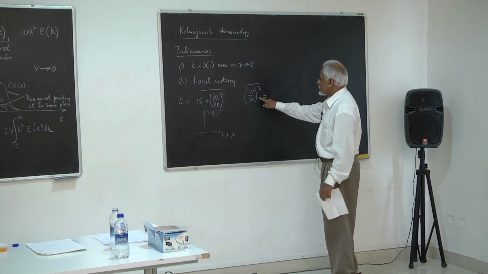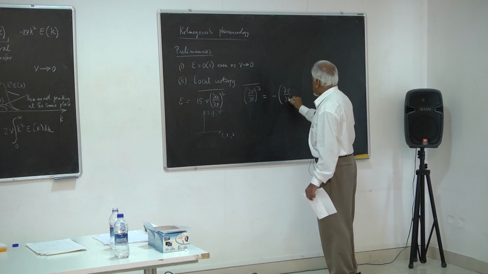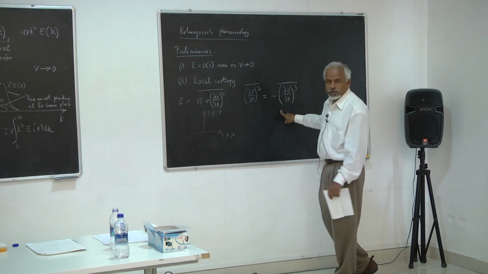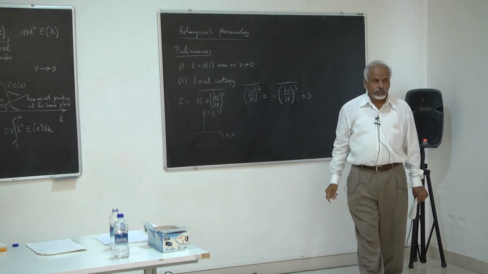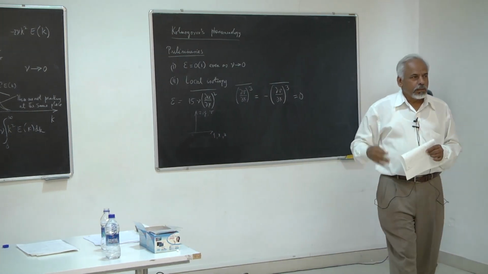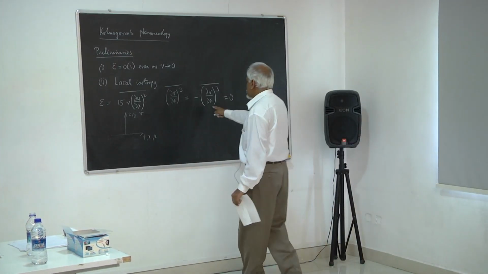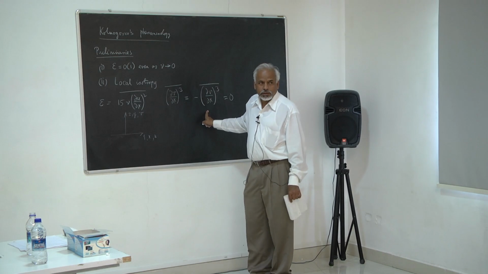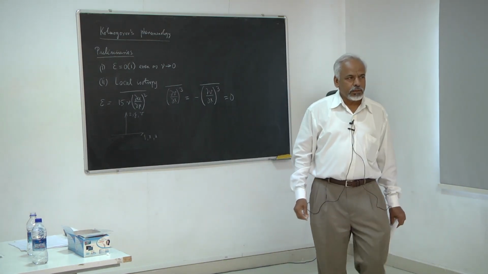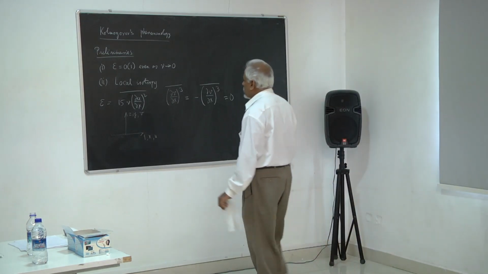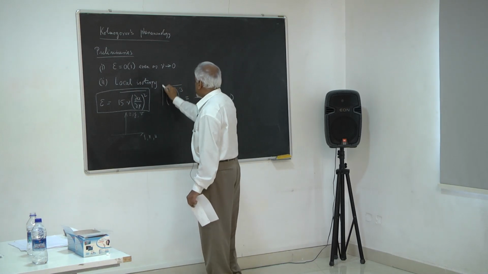If I take x to minus x, I will indeed get (dv/dx)^3 with a minus sign, and the only way it is possible is if it is 0. So local isotropy implies something like that. But actually you measure this quantity, it is not 0 in other flows like boundary layers and channels and things like that. Whereas this part is true. This part is true, but this part is not.